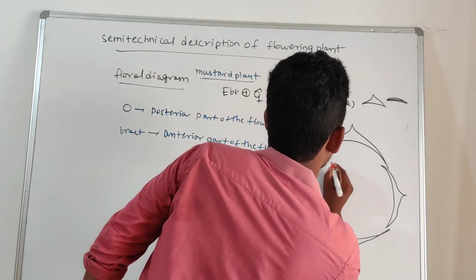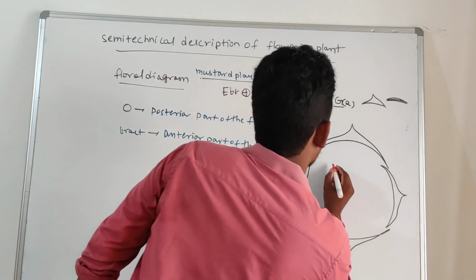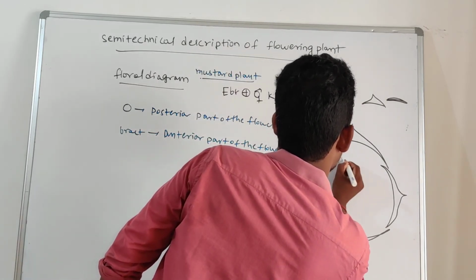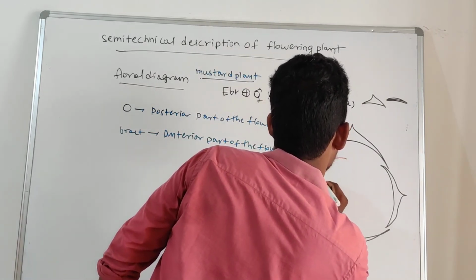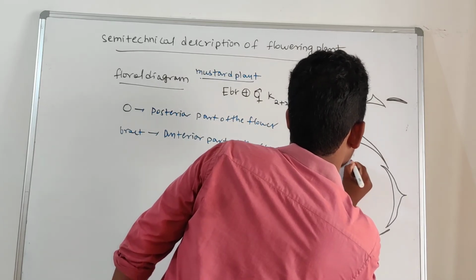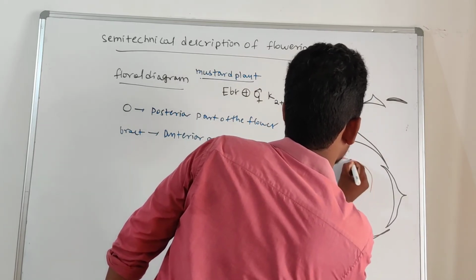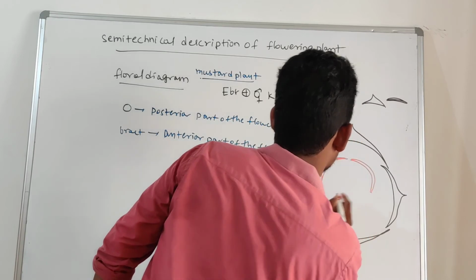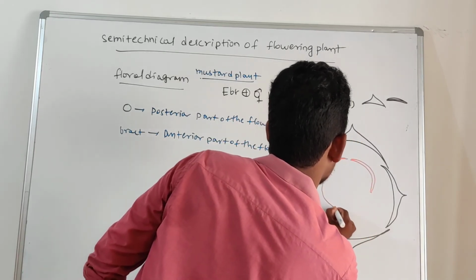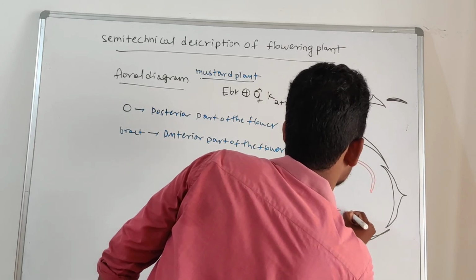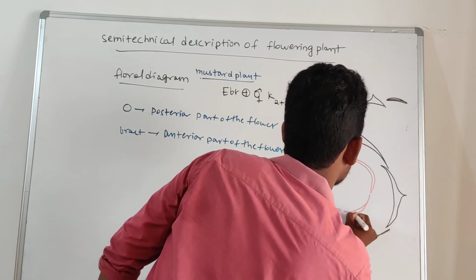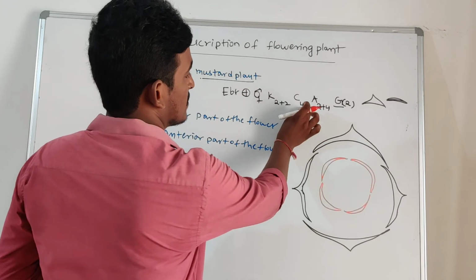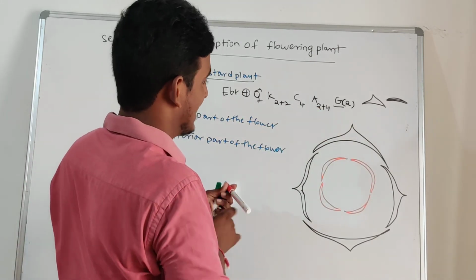See, total how many are present? 4 in number. Are those fused or separated? Those are separated, so we are not putting brackets. Right? So it is the corolla. Later about the androecium.